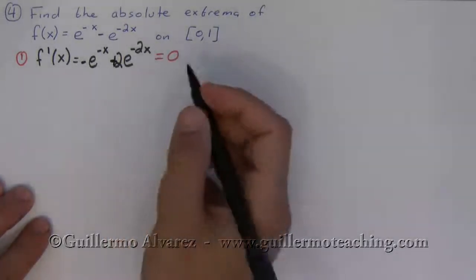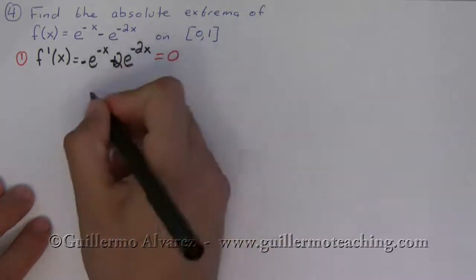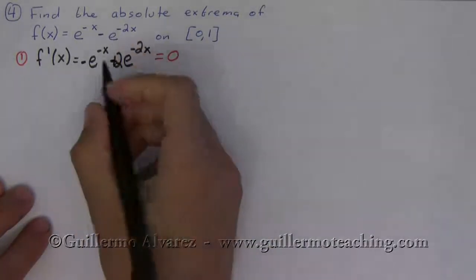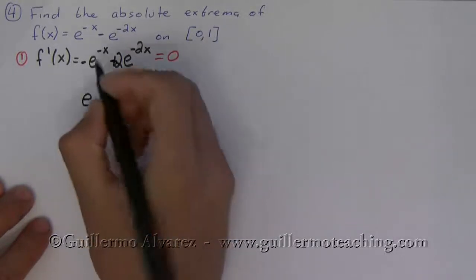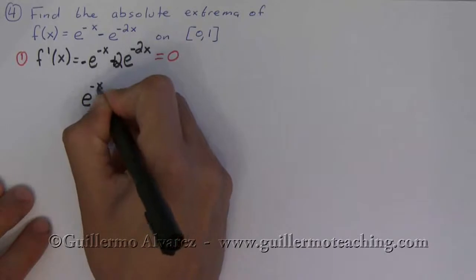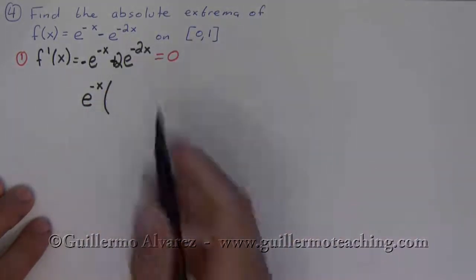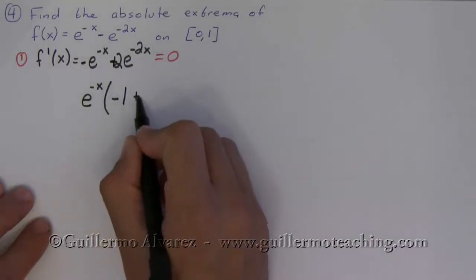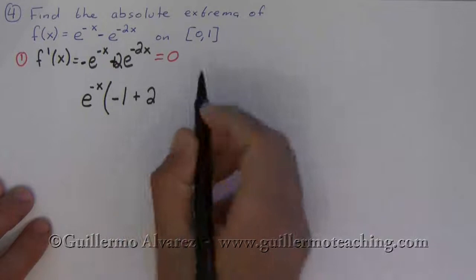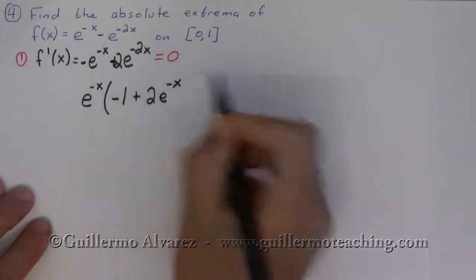And so to solve this, well, probably the best thing for us to do is to factor out an e to the -x. And if we do that, what we're going to have is a -1 plus 2 times e to the -x.